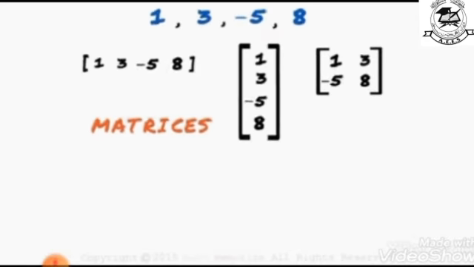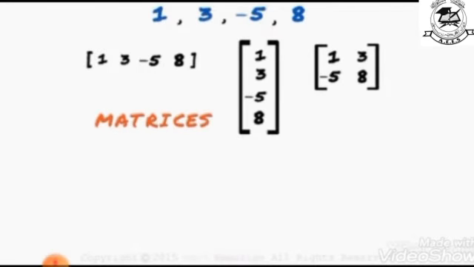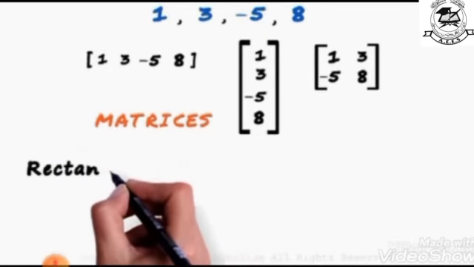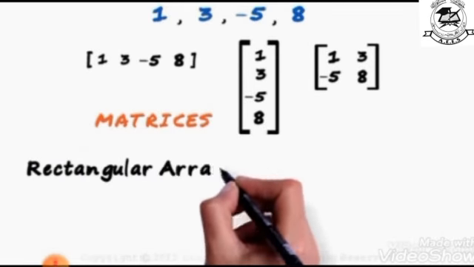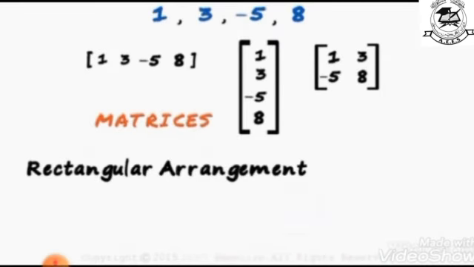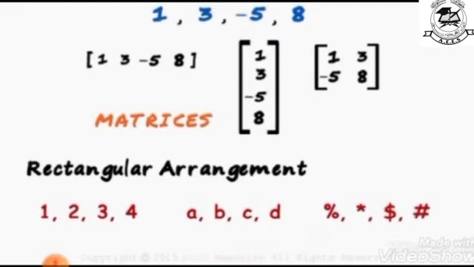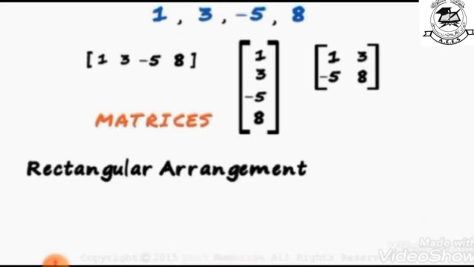But how do we properly define it? We can say that a matrix is a rectangular arrangement of numbers, letters, or characters, anything. A matrix is made up of rows and columns.